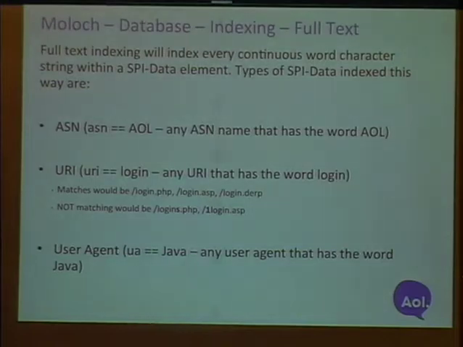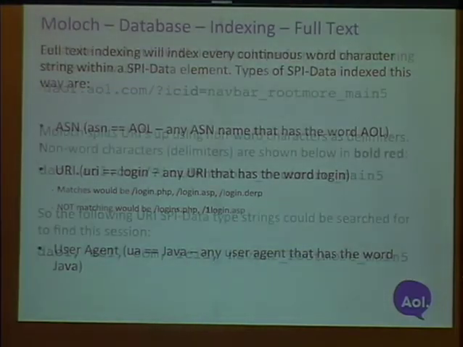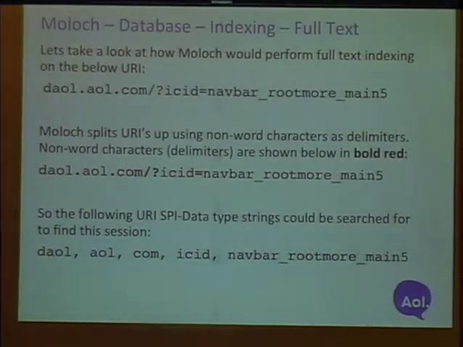This is very fast for Elasticsearch to do. So for example, Elasticsearch would break up this URI wherever there are any non-word delimiters, and you would end up with these tokens, and then you can search for those tokens, and it will find this URI.